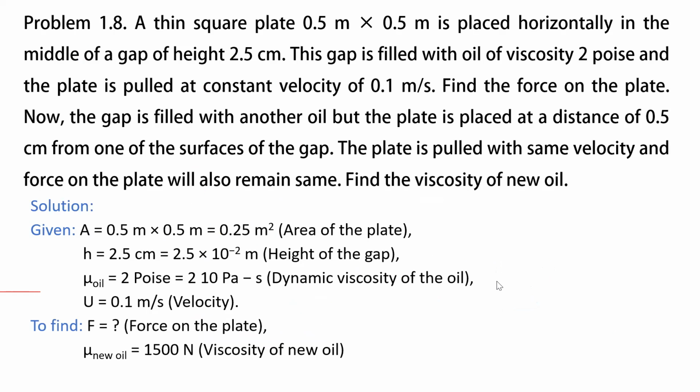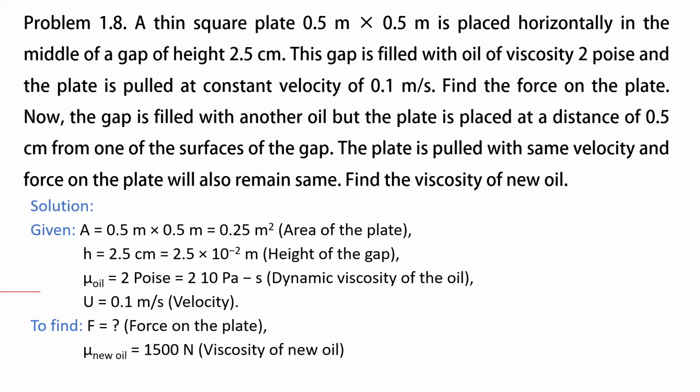Here, a thin square plate 0.5 meter into 0.5 meter, means half meter into half meter, is placed horizontally in the middle of a gap of height 2.5 centimeter. So this plate is placed horizontally in the gap of height 2.5 centimeter. The gap is filled with oil of viscosity 2 poise.